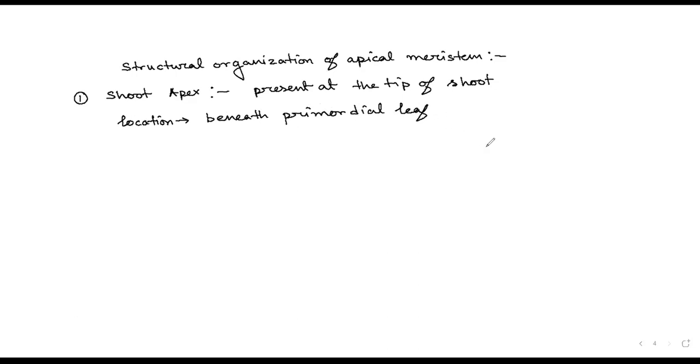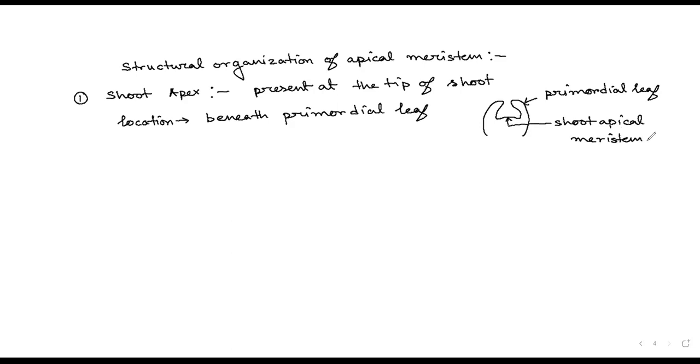If you look into this structure, if these are primordial leaves, this part is known as shoot apical meristem.